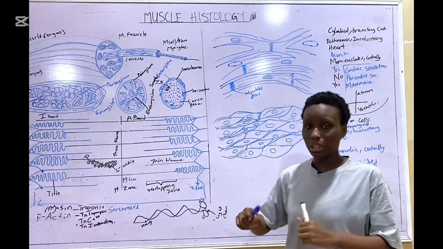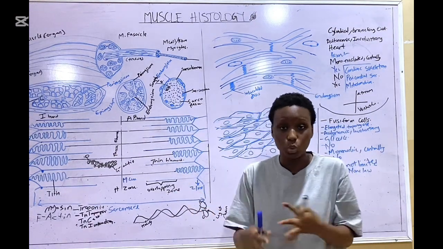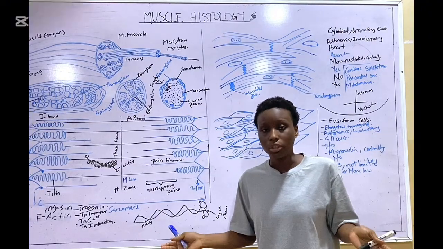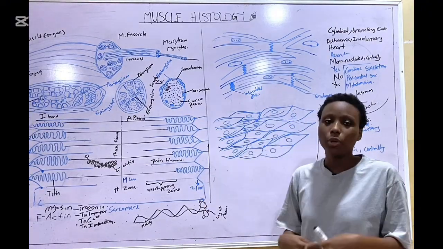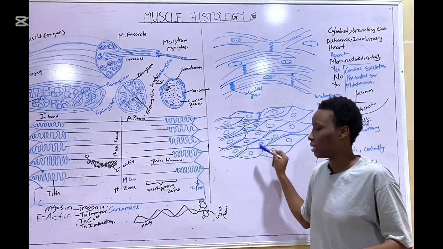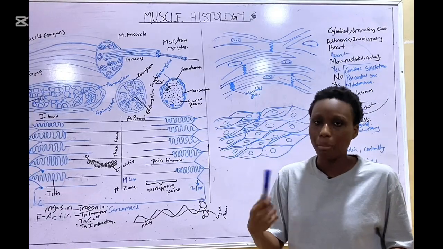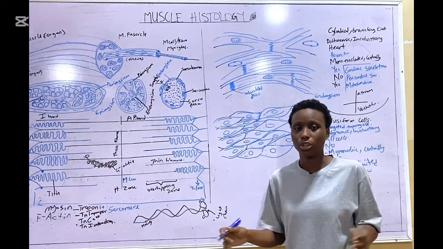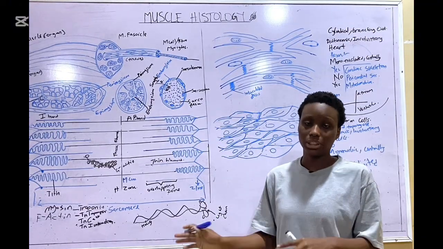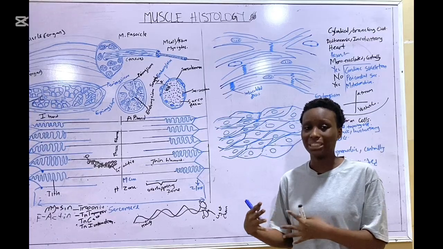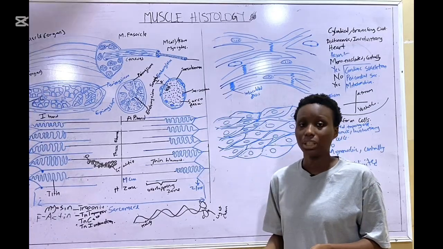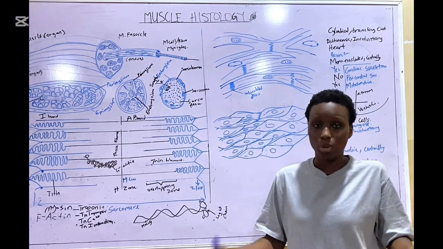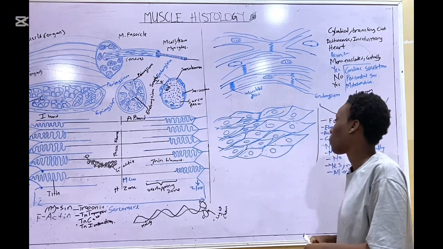So how it is still able to stay tightly packed together, not falling off or getting destroyed, is that apart from endomysium, the external lamina of the sarcolemma is attached to type 1 and type 3 collagen fibers. That is what it has in place of perimysium and epimysium. It has endomysium and type 1 and type 3 collagen fibers holding it together.